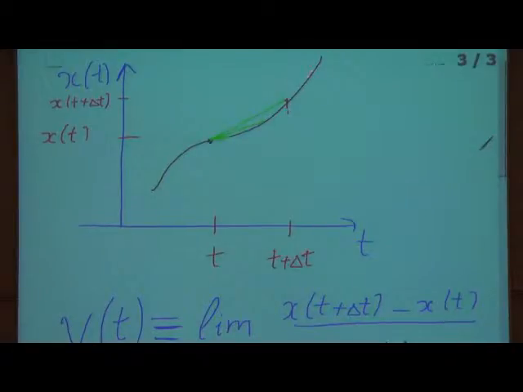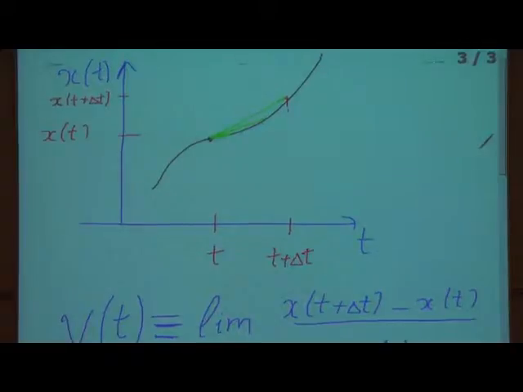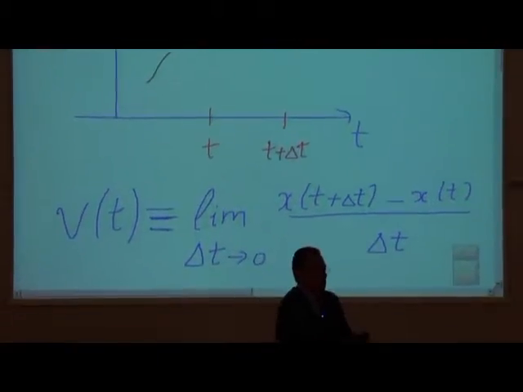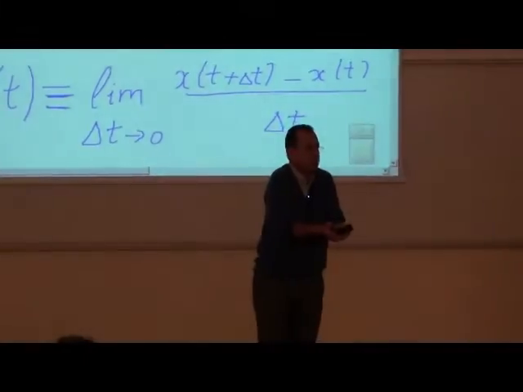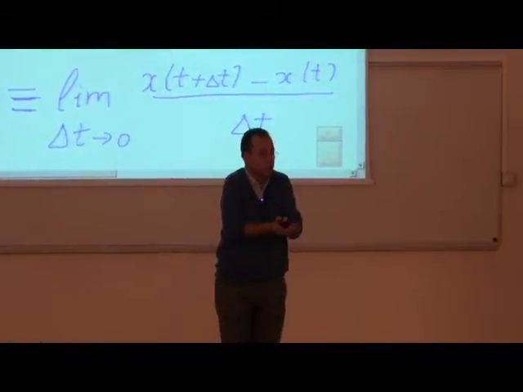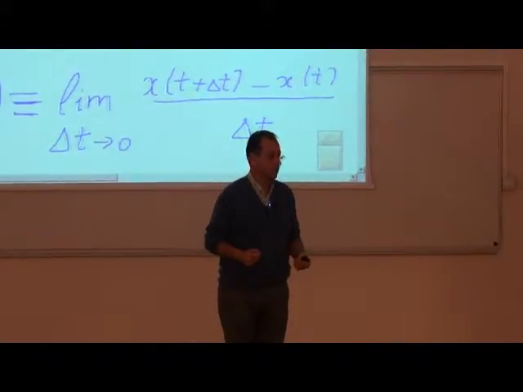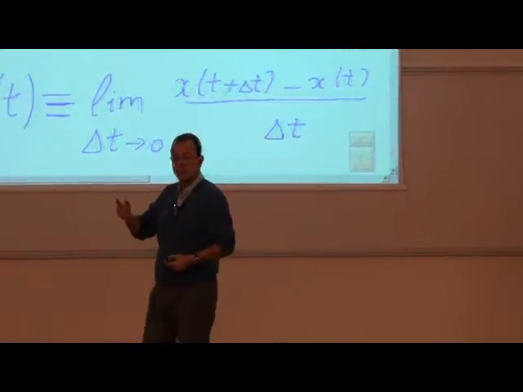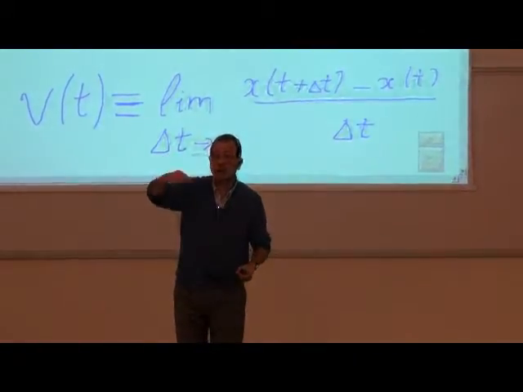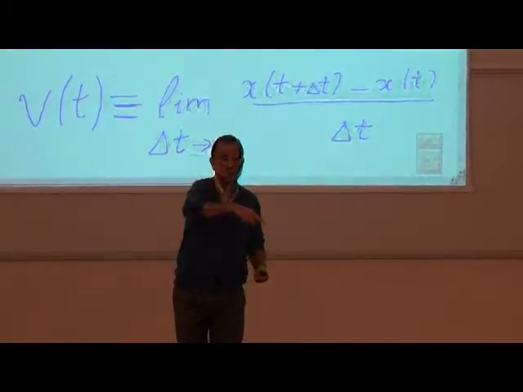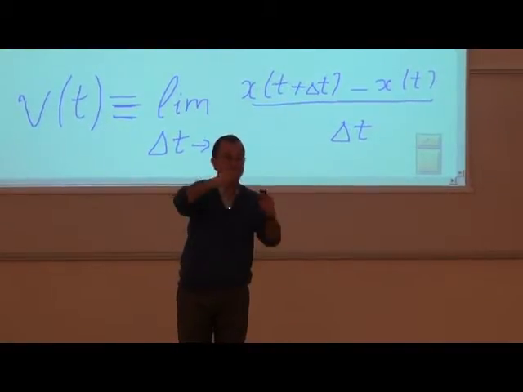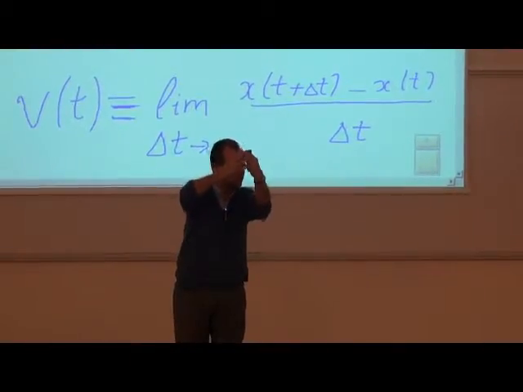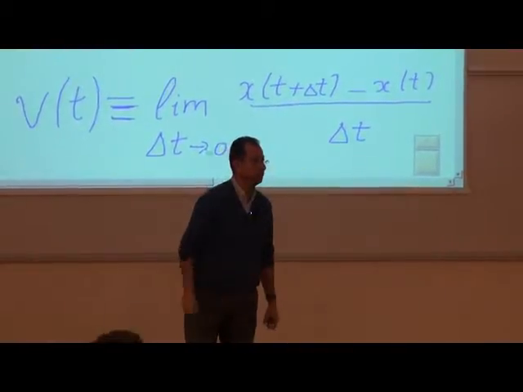If I make delta t smaller and smaller, no matter how fast the particle is moving, in an extremely short interval, even the fastest particle will move a short distance. So as delta t goes to 0, delta x must also become smaller. And if you make a smaller delta t, the corresponding delta x will also be smaller. So delta x is also getting smaller than the smallest.